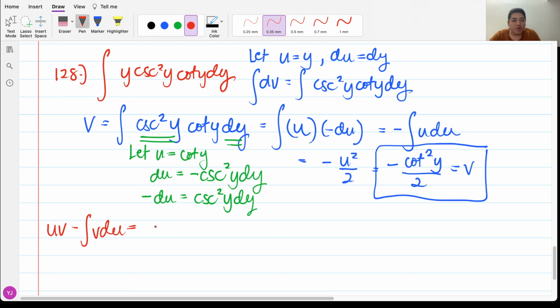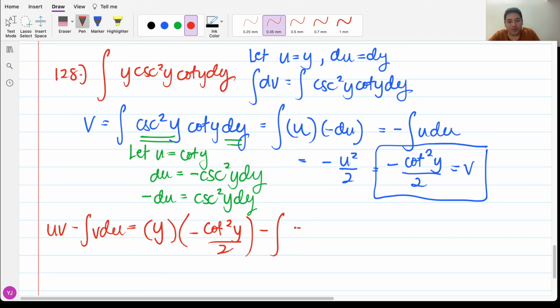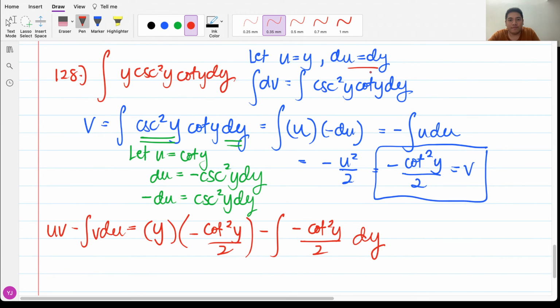Our u will be y, and our v will be negative cotangent squared y all over 2. Minus v du, that's negative cotangent squared y all over 2, and the du is simply dy.